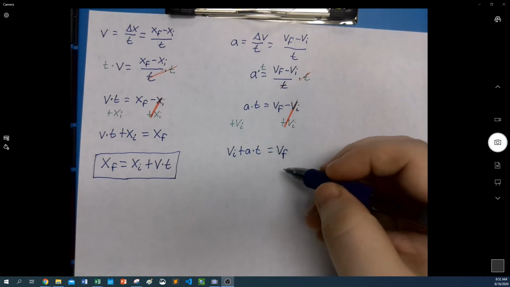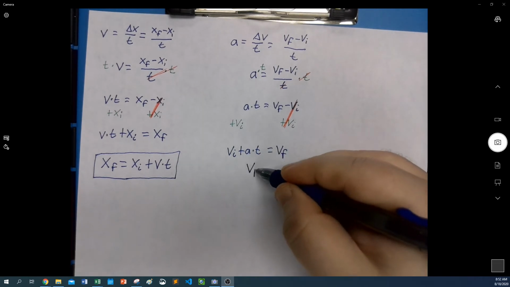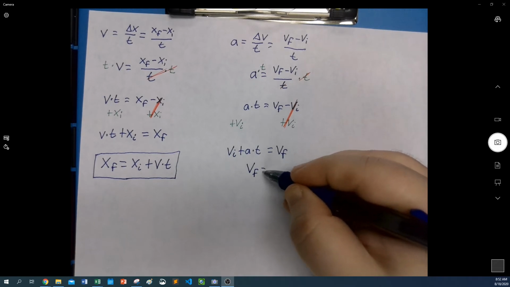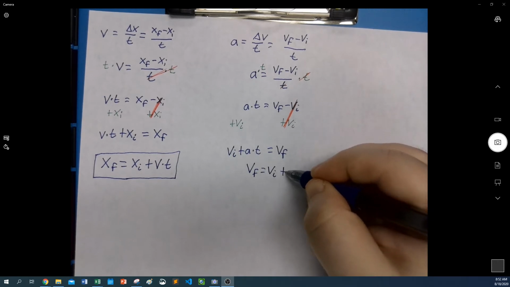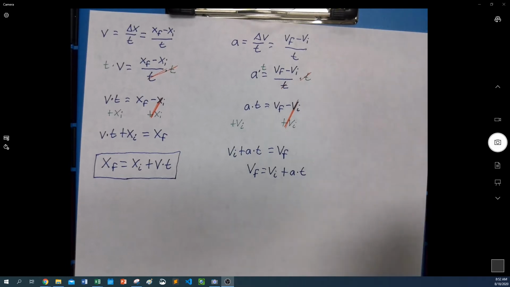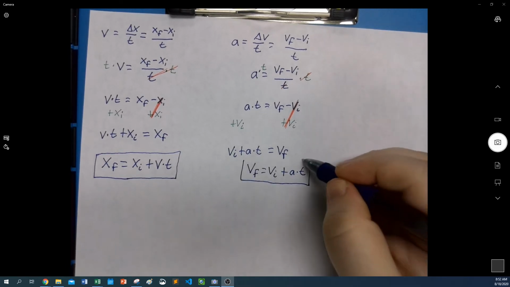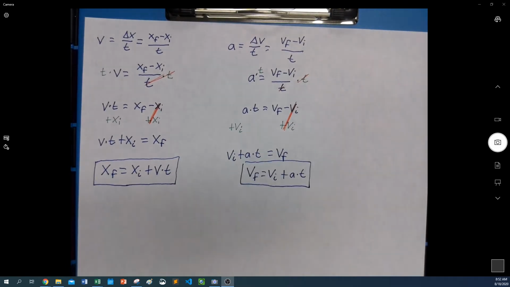So swapping this around, we get vf is equal to vi plus a times t. Does that make sense? All I did was just swap around some variables.